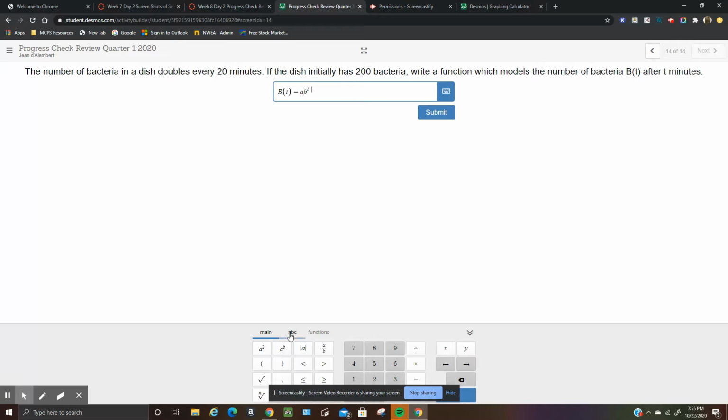We just want to plug in now. E of t. The initial value is a, so it's 200. The multiplier is double, so the multiplier is 2. And then the exponent is 20t.